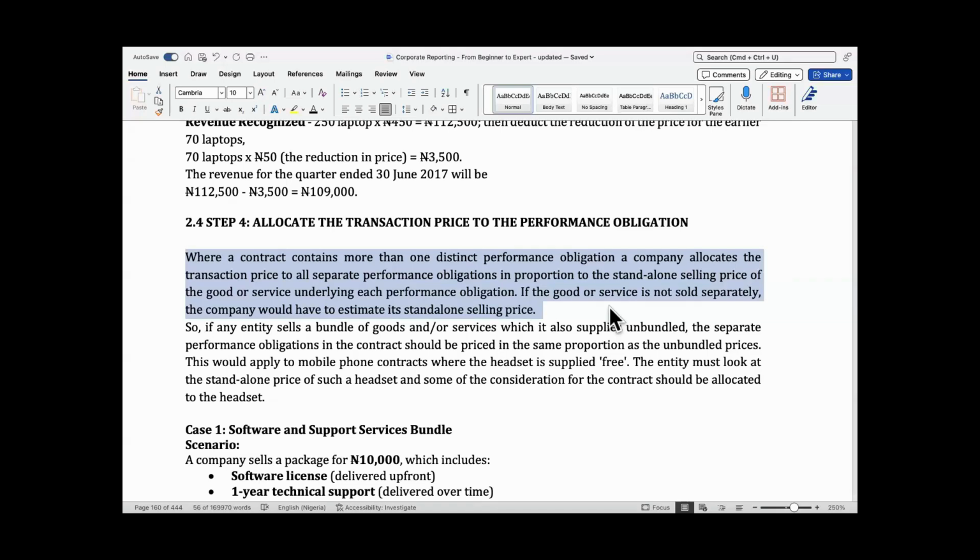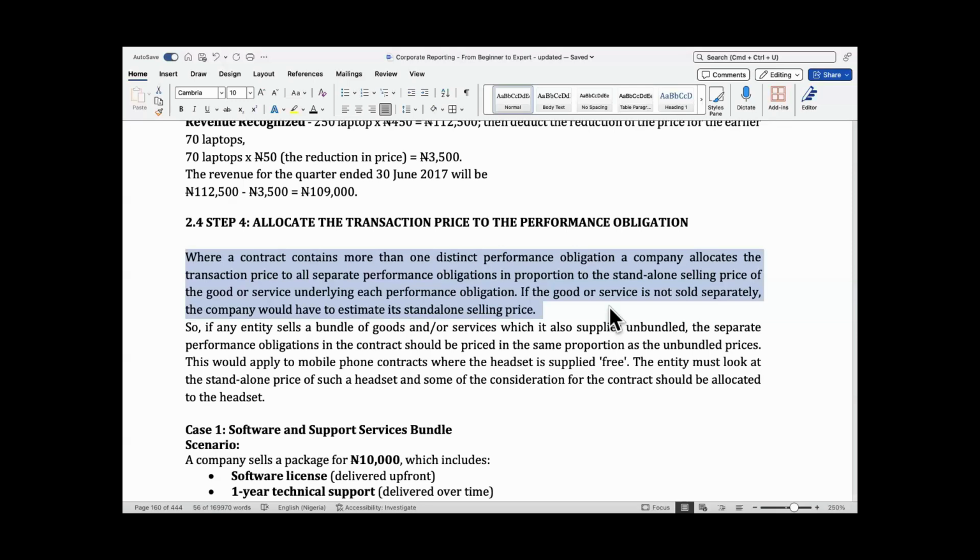When you identify they are distinct, step 2 says that you must identify them separately, which means that you must recognize transaction price on each of them. If it has not been done in the contract already, you must recognize revenue separately. Don't bundle everything together. If you see that they are distinct, you must recognize revenue on each of them.